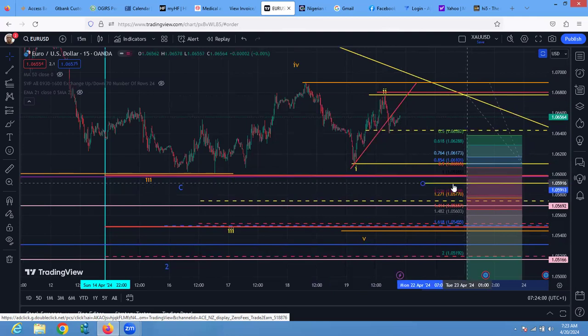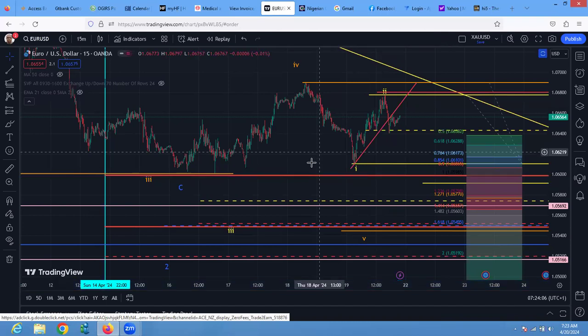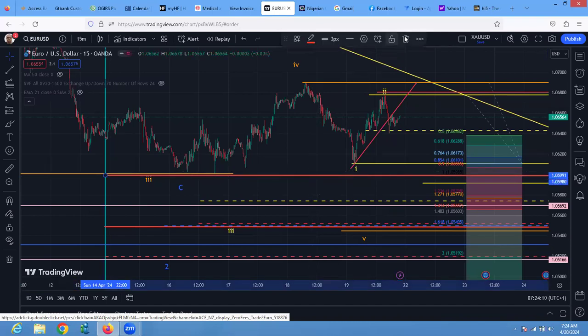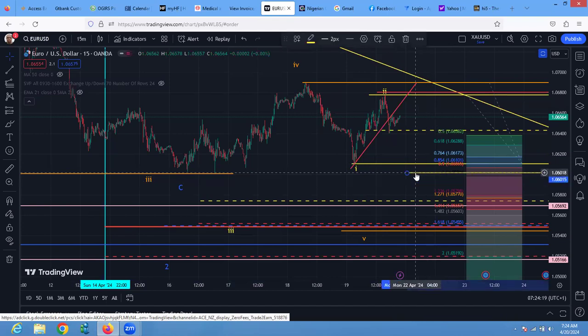Oh, 100 is actually right here. This is 100. So you can see how corrections and all of that can change your entry. So 100 is right there.